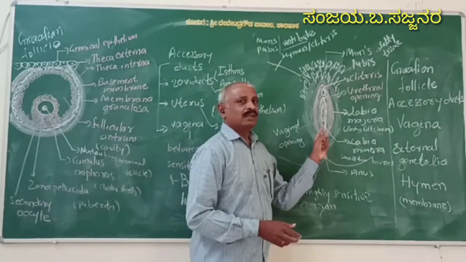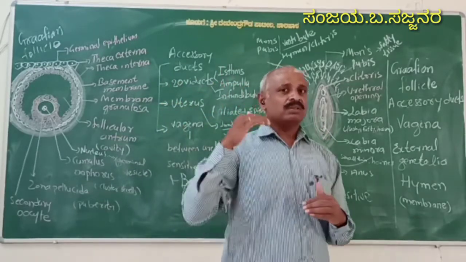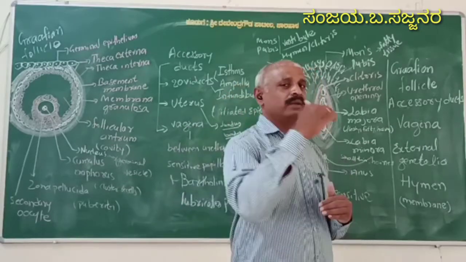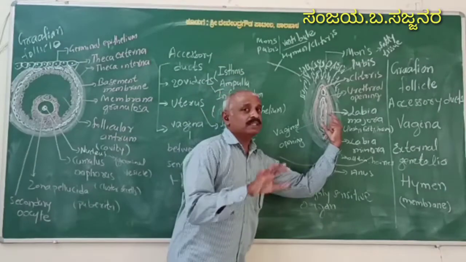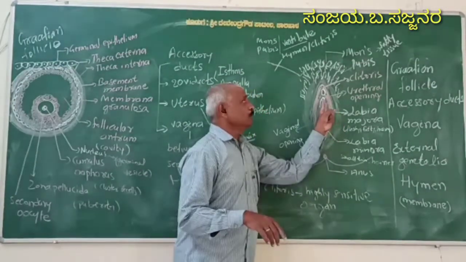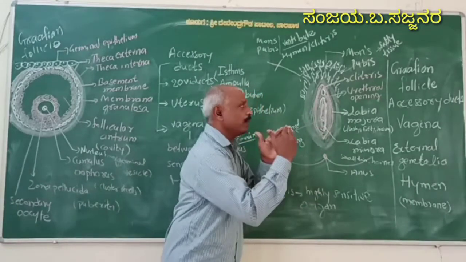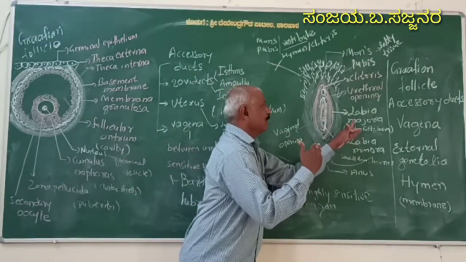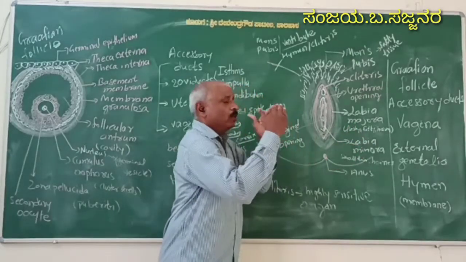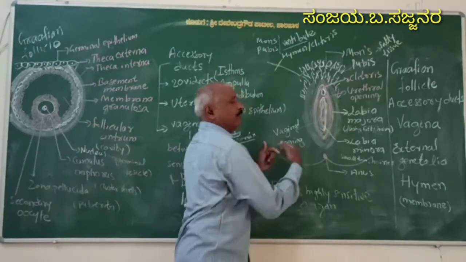Above that, I told you that in the male there is a common duct for the sperms and the urine. But here you observe that the vaginal opening is separate and the urethral opening is separate, just above. It is at the joint of the labia minora, where we observe an opening.